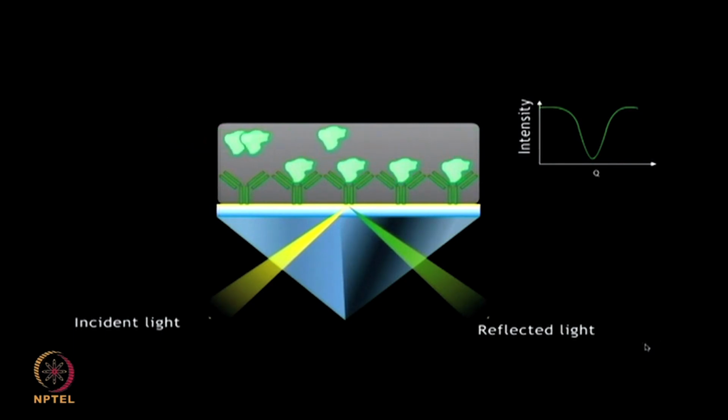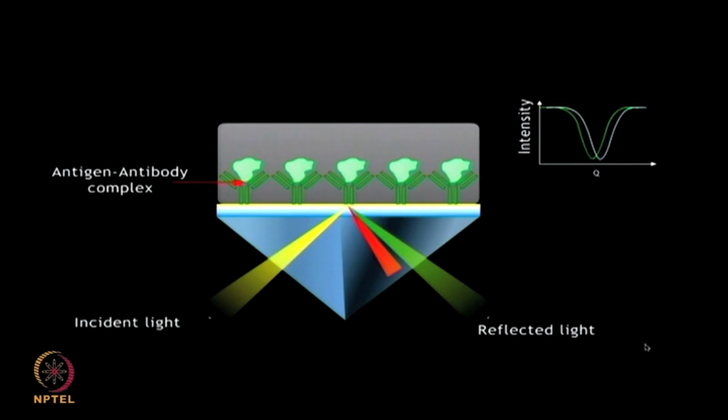The binding of antigen to antibody immediately brings about a change in the angle of reflection of light due to changes in the refractive index of the medium. These changes can be continuously monitored to characterize biomolecular interactions in real time.